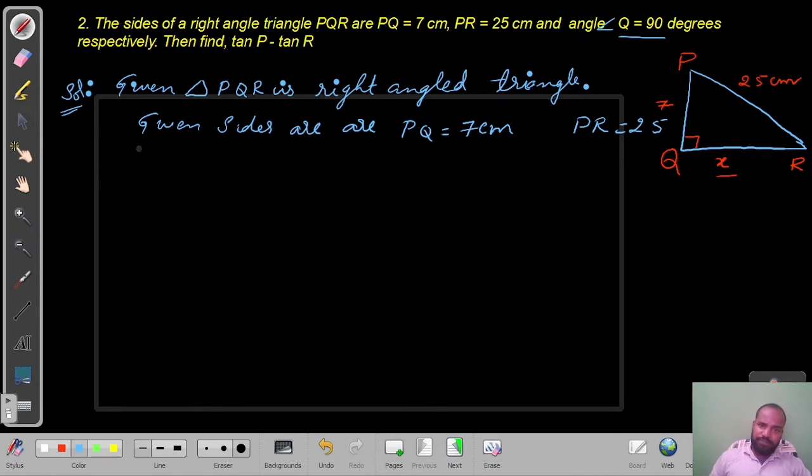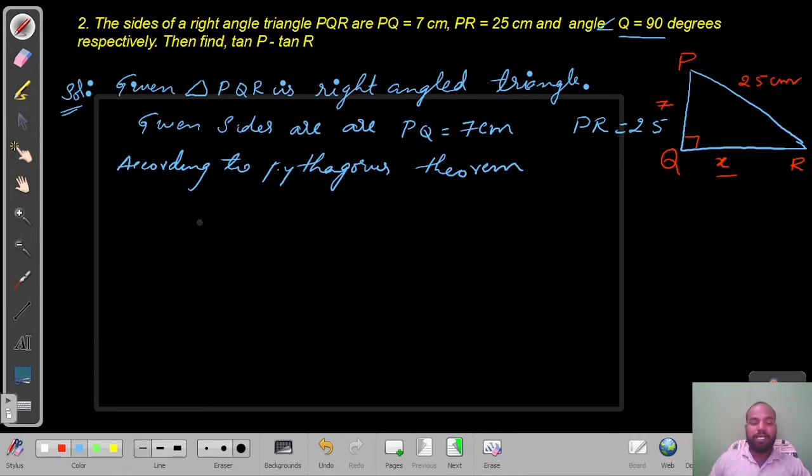According to Pythagoras theorem, what we have is PR square equals PQ square plus QR square.